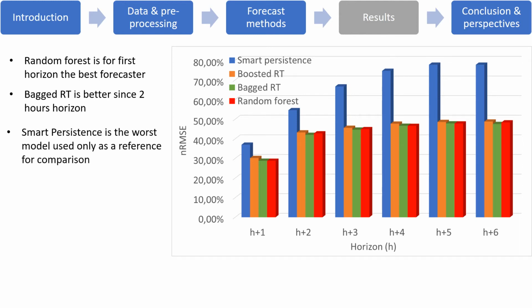The smart persistence is the worst model, but we keep it on the graph in order to have a reference for comparison. And the boosted regression tree always gives slightly less performance on all horizons, but we can see that the aggregated models have substantially the same performance in all horizons.